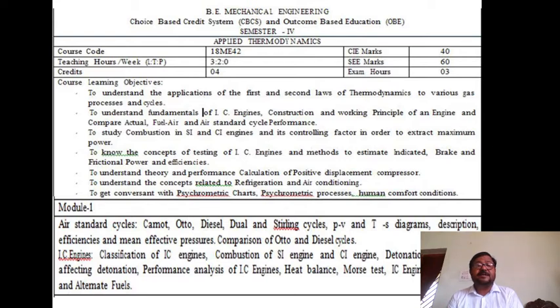To study the combustion in IC and CI engines and its controlling factors in order to extract the maximum power. And one more objective is to know the concept of testing IC engines and methods to estimate the indicated, brake power and frictional power and efficiencies.